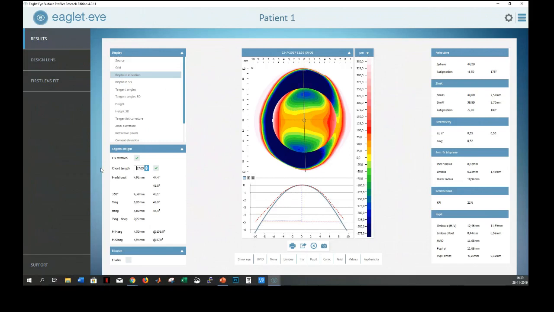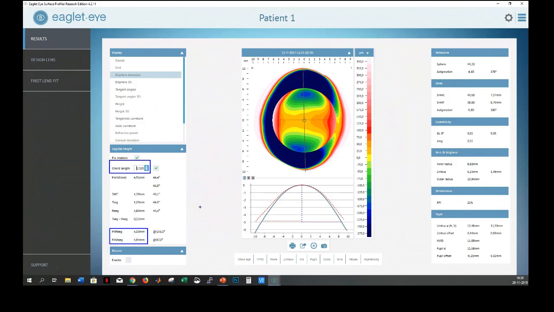And I've also taken a chord length of 70 millimeters. And now it is interesting to look at the difference between the flattest and the steepest meridian. So I will say it, 4,900 minus 4,000 means that we're looking at a toricity of 900 microns.